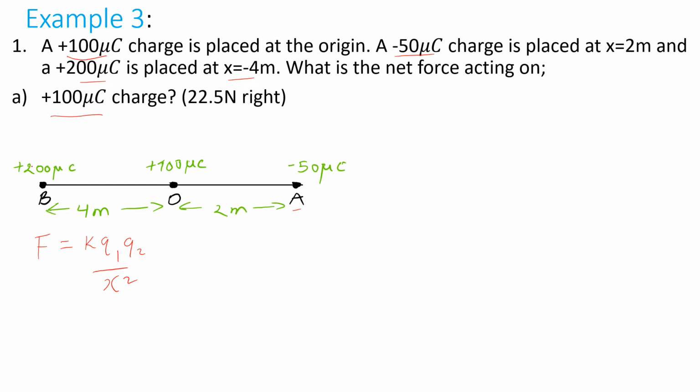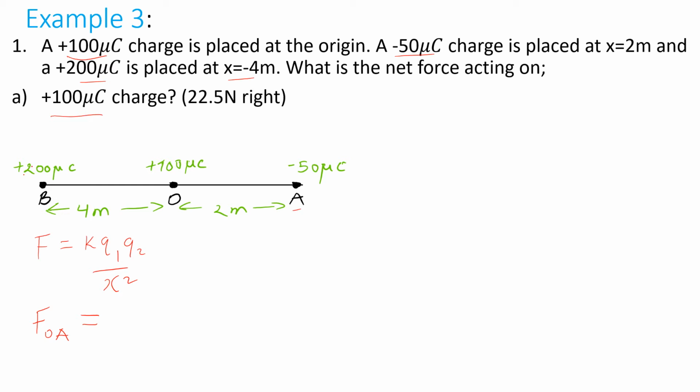But to deal with this swiftly and well, we are going to pretend that the other charge doesn't exist, such that we deal with one charge at a time. Therefore, we shall find the force exerted on O, which is the 100 microcoulomb charge, due to A.